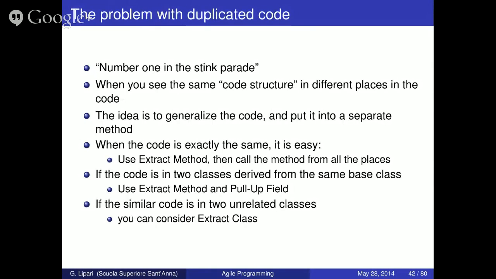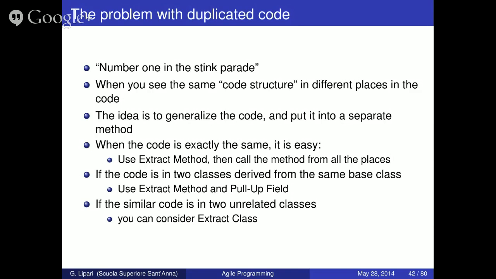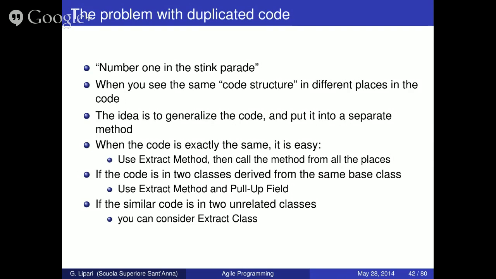Okay? If the code that is duplicated is exactly the same, then this is easy. You use what is called extract method to take the code that is duplicated and put that into one method. Once you do that, you call that method from all the places where you had the duplicated code. If the code is in two classes derived from the same base class, it means that probably you can put that code in the base class.